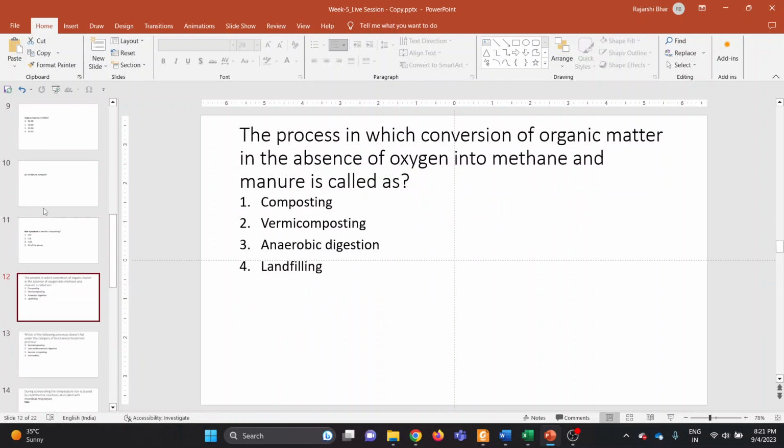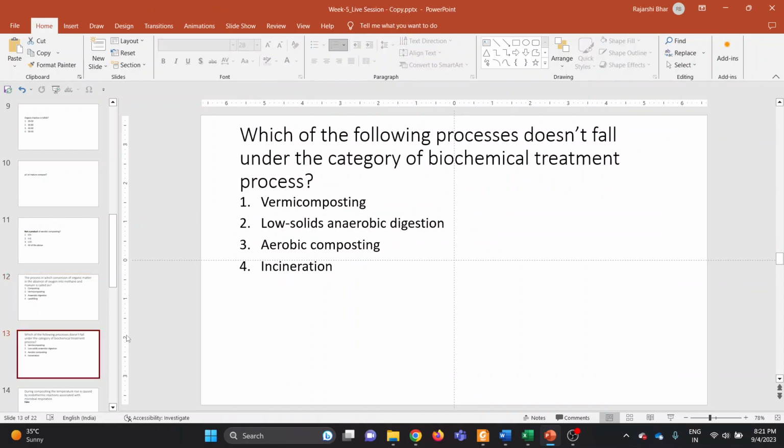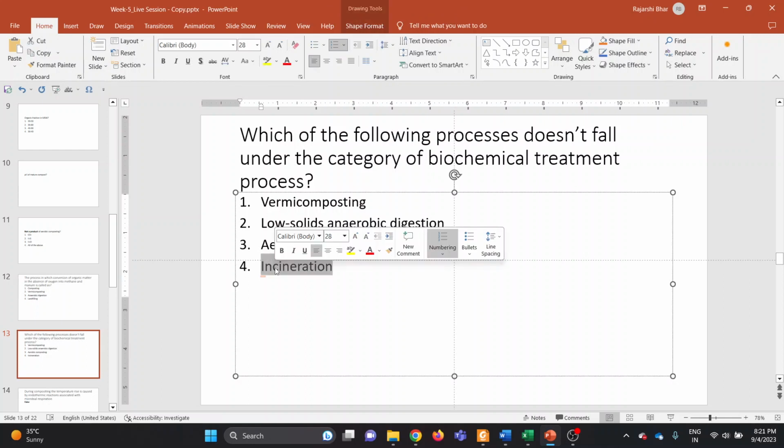Next is the process in which organic matter is converted into methane and manure in the absence of oxygen. The correct answer is anaerobic digestion. Next question was, which of the following doesn't fall within the category of biochemical treatment? Of course, incineration was the correct answer because everything else is a biological process.